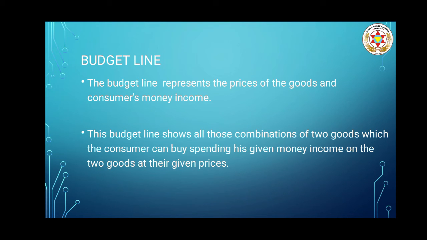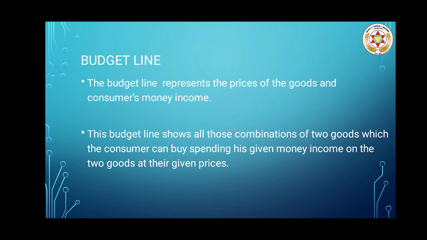Now, the next important thing is that a consumer also has a limited amount of money with him. So the budget line represents the prices of the goods and the consumer's money income. A product is demanded by the consumer if he has a preference for that product and the purchasing power to buy it.